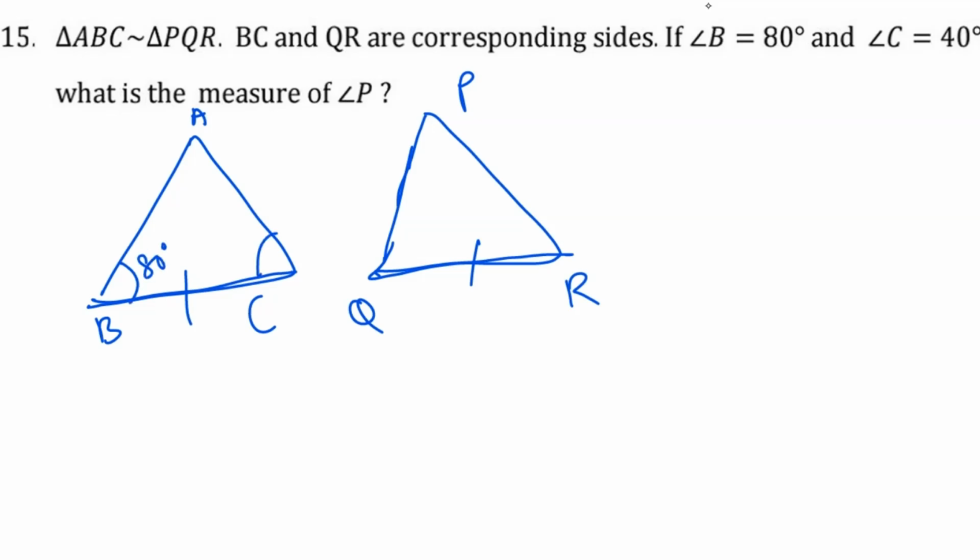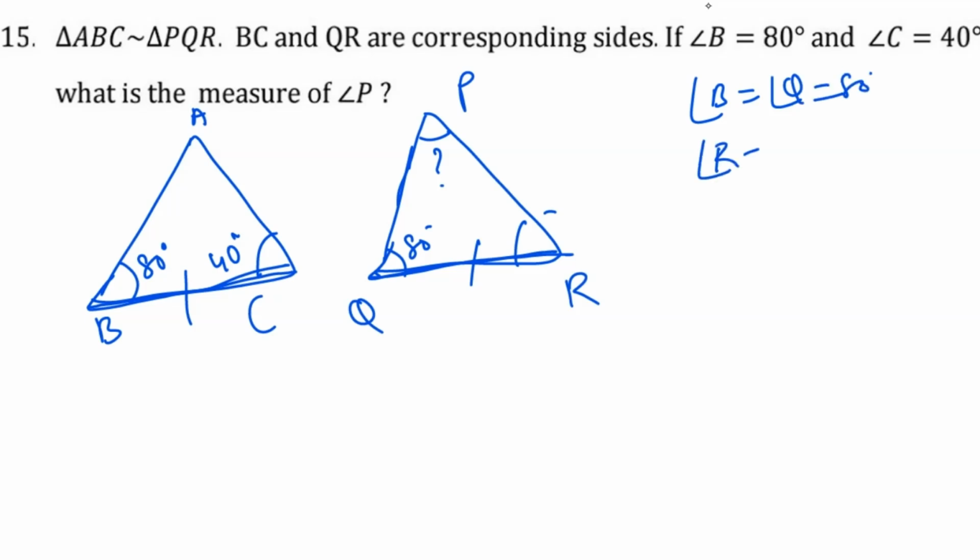Angle C is equal to 40. Then what is the measure of angle P? We have to find the angle P. Since they are corresponding sides, the angles are also equal. So angle B will be equal to angle Q, that will be 80 degrees. Then angle R will be equal to angle C, that will be 40 degrees.